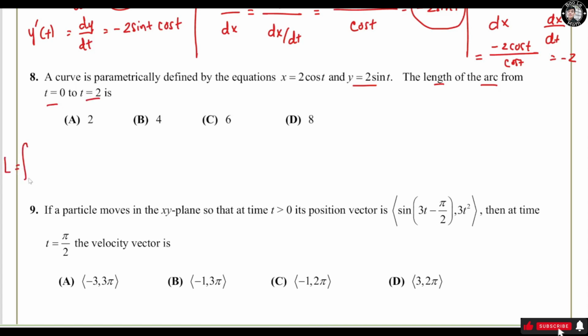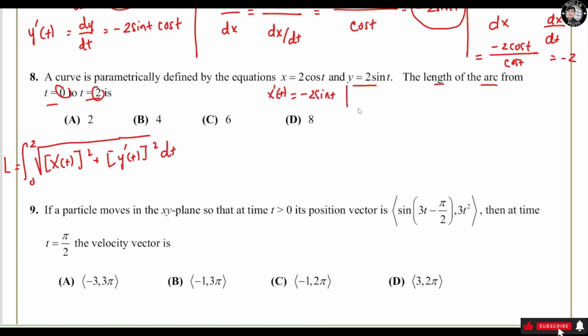The arc length is going to be the integral from 0 to 2 of square root of x prime t squared plus y prime t squared dt, right? Now we need to find x prime of t, which is going to be negative 2 sine t, right? And y prime of t is going to be 2 cosine t, right?